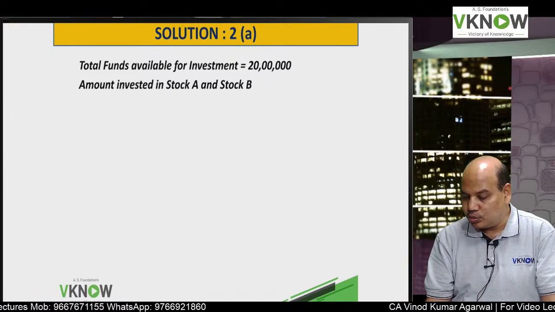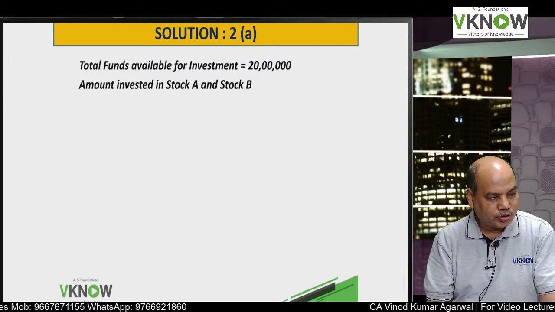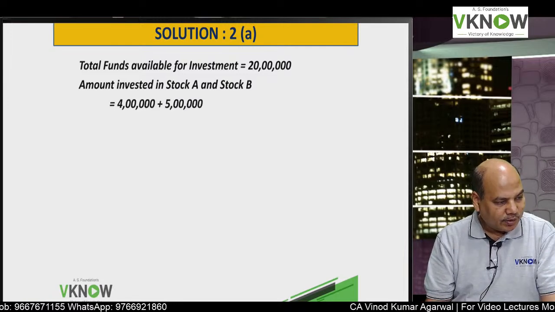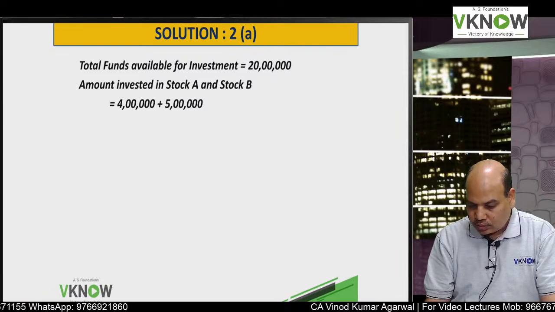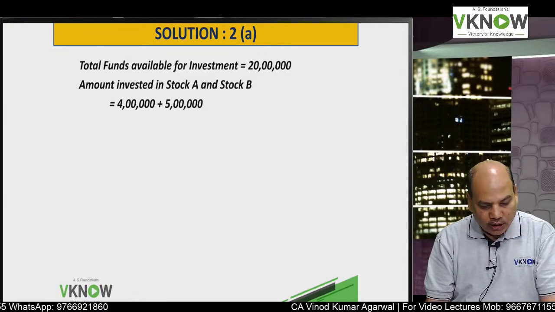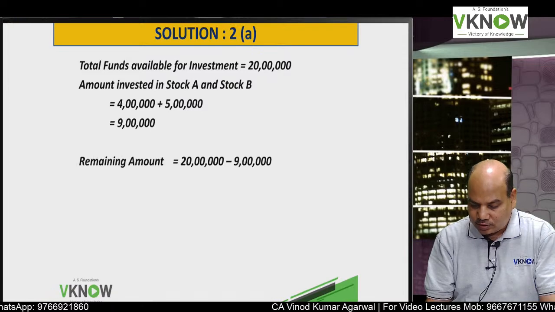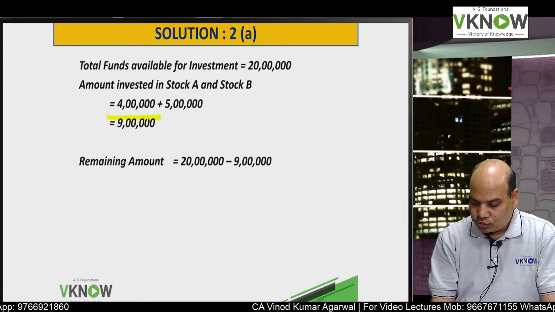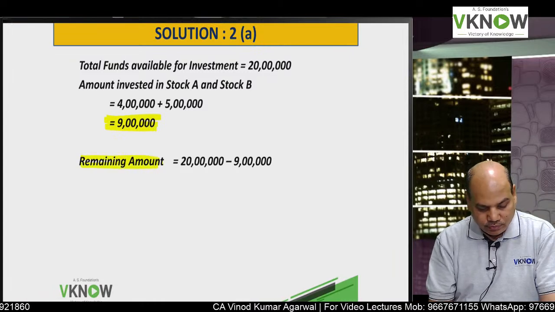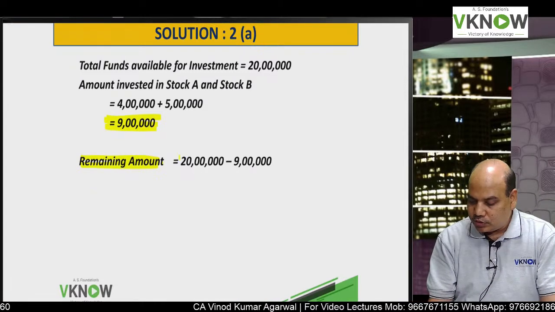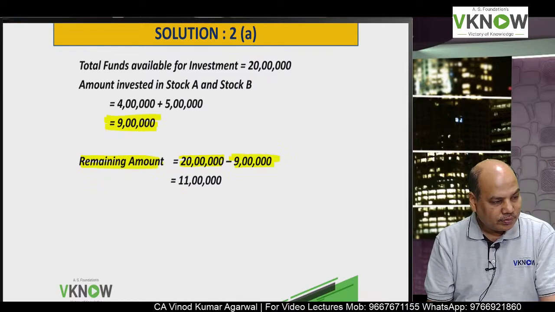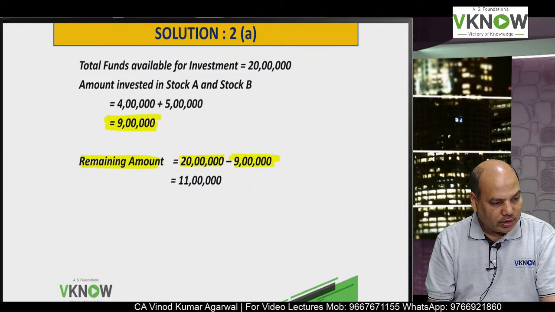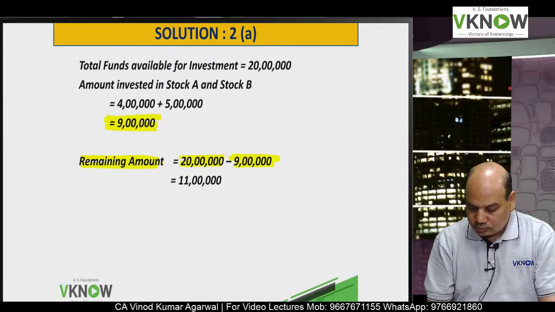Then write down amount invested in stock A and stock B, already given in the problem. 4 lakh plus 5 lakh is 9 lakh. 9 lakh is already exhausted. So write down remaining amount. The remaining amount is 20 lakh minus 9 lakh, so the remaining amount is equal to 11 lakh.